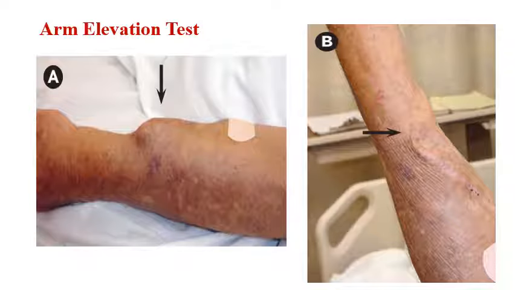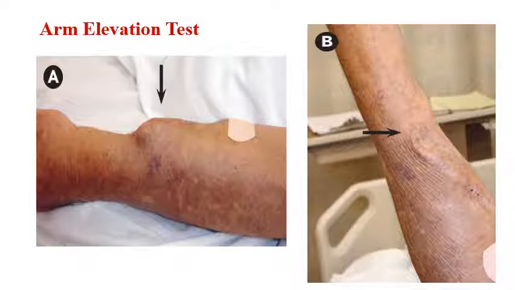Usually, when you raise the arm above the level of the heart, the fistula will collapse or go down. It will not be swollen like in picture A. This usually occurs because when you raise the arm, this causes more drainage of the blood from the AV fistula. So this is what should happen.